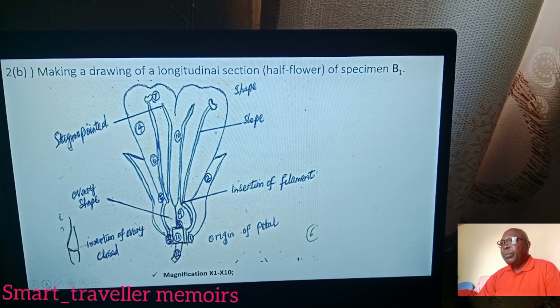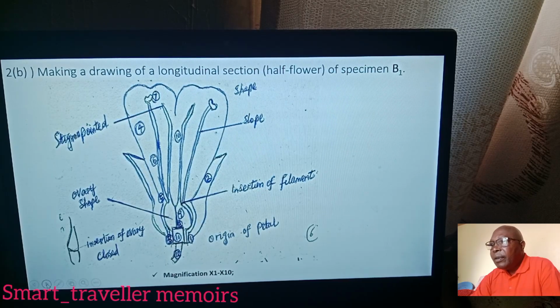We look at the shape, the slope of the parts, the stamens. Stigma is pointed, ovary shape, insertion of ovary crossed, insertion of filament, origin of petal. Then you can see where we are marking.